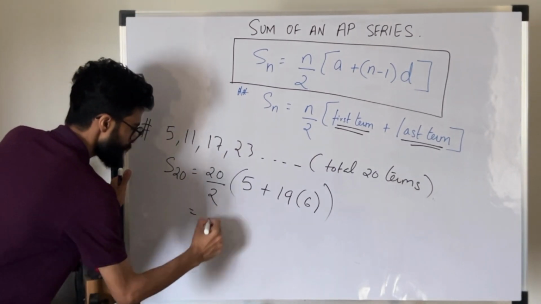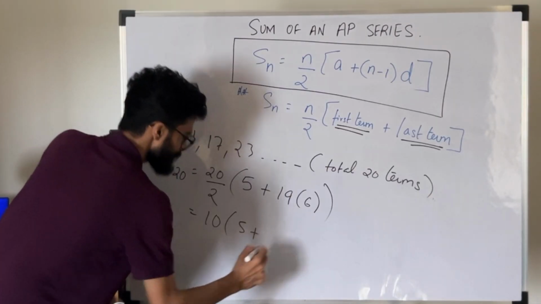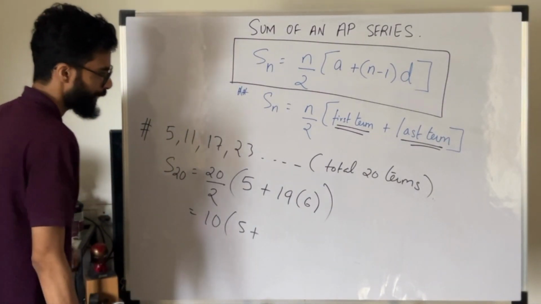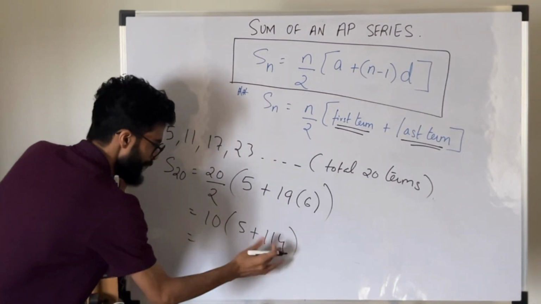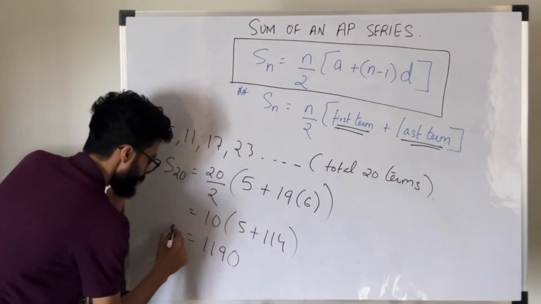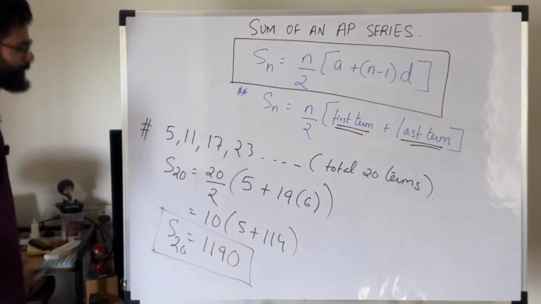If I solve this, 20 by 2 is 10, 5 plus 19 times 6 is 114. So this is 119 into 10. So 1190. Sum of first 20 terms.